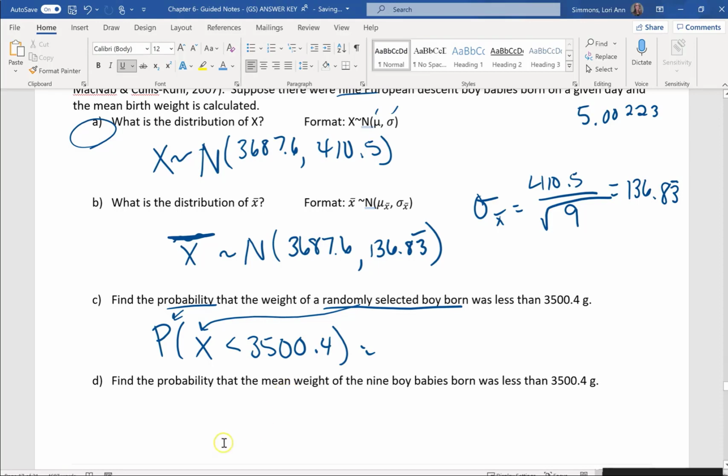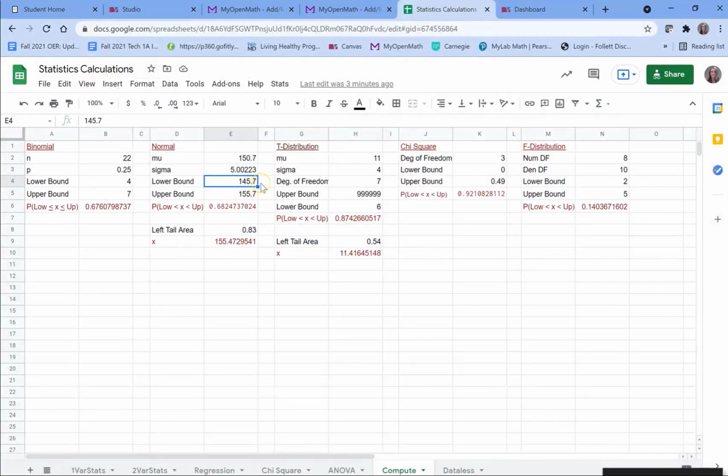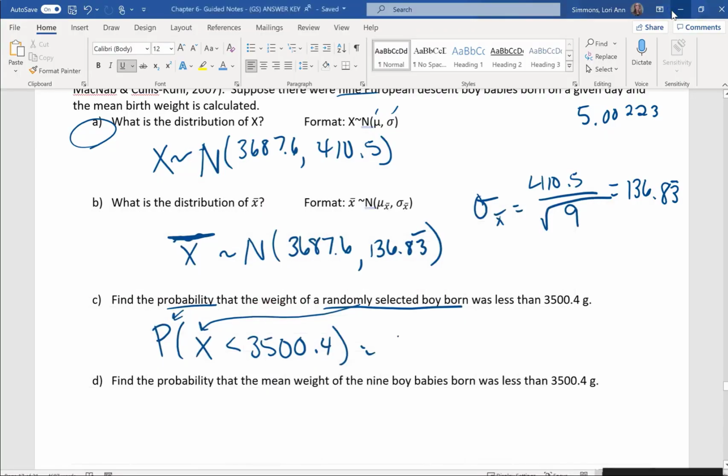This is just formally writing it out. Okay, so we have less than, so the lower is -9 because it's less than, and it goes all the way up to 3,500.4. The mean was 3,687.6 and the standard deviation is 410.5, giving us a probability of 0.3242.